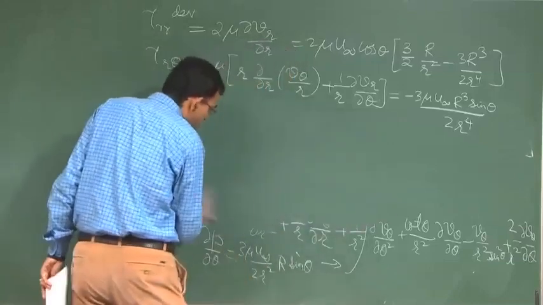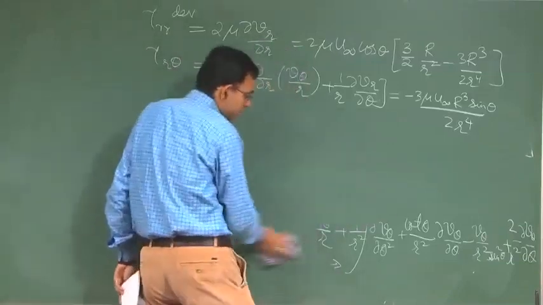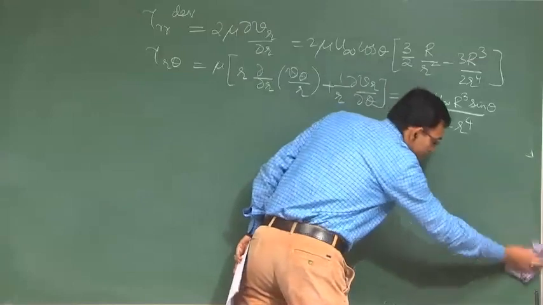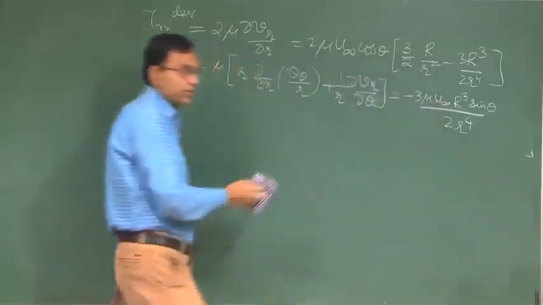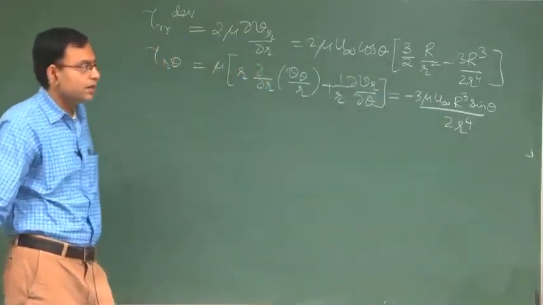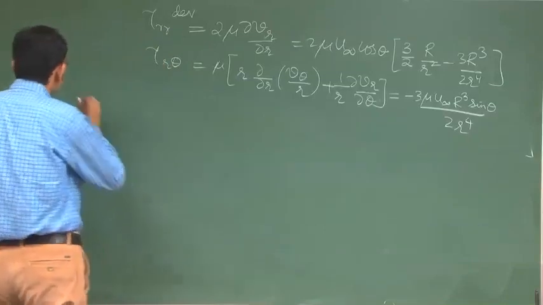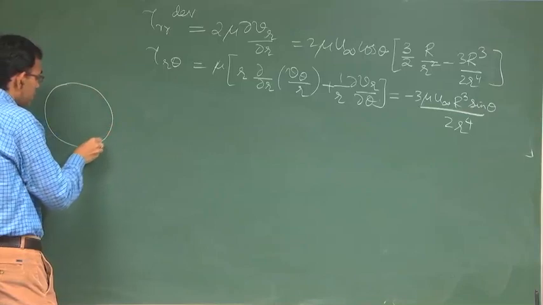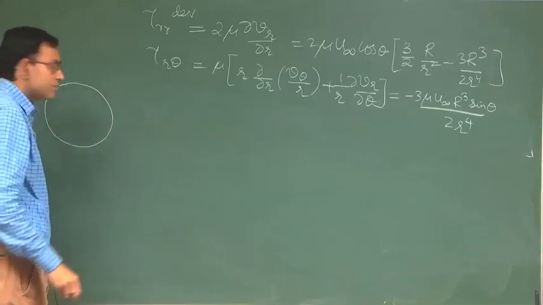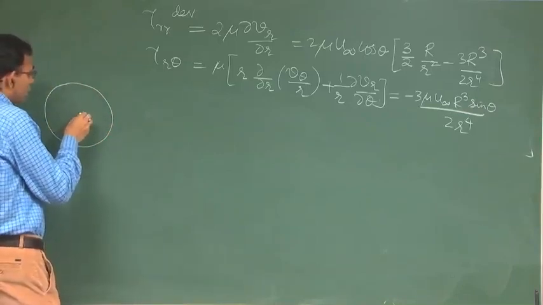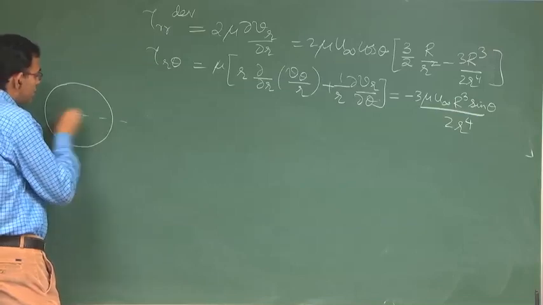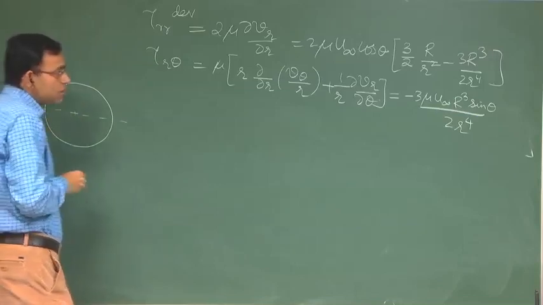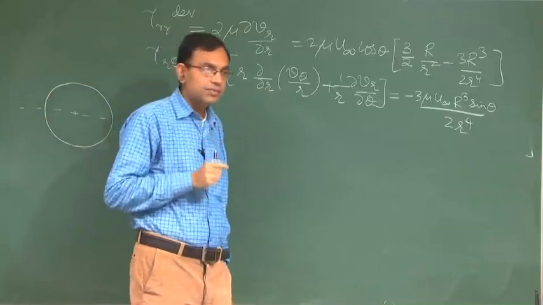So now we have all the ingredients to cook the food, and that is what we will do now. What is the physical picture? You have the sphere, you want to calculate the drag force. The drag force is clearly a function of r and theta.